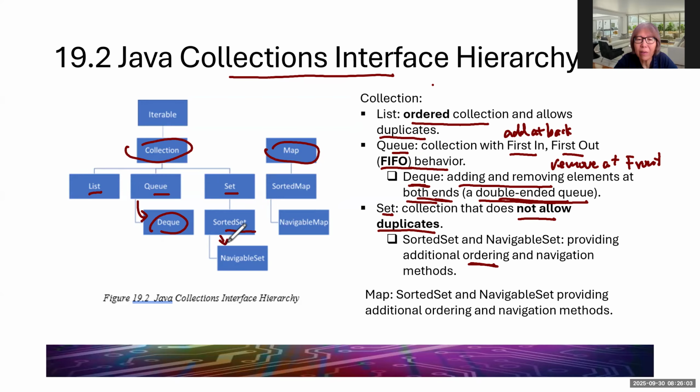From SortedSet, we have the sub-interface NavigableSet, which also allows navigation operations. Similarly, Map also has a sorted one and a navigable one as sub-interfaces. Their features are similar to SortedSet and NavigableSet: one supports sorting, and the other, in addition to all the above features, also supports navigation.